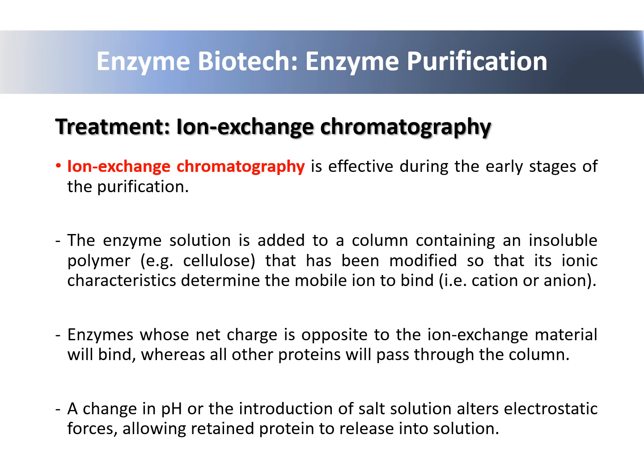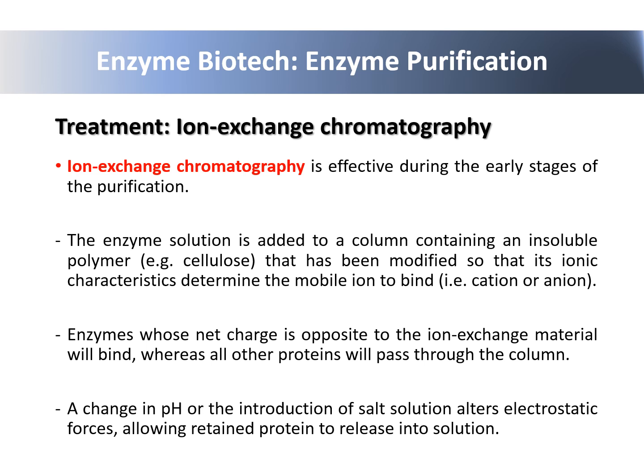So a protein whose net charge is opposite to that of the ion exchange material will then bind. If your protein is positively charged, the material is negatively charged, your protein will bind to it. And then all the rest of the proteins that are of the same charge would pass through, right?